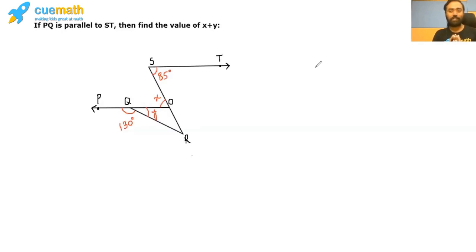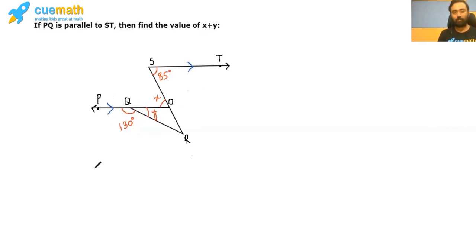So in this question, we have been given a condition that the lines PQ and ST are parallel to each other, and we have to find the sum of X and Y. So if we look at the diagram, based on the position of these two angles, we see that PO is a straight line and these are two angles on a straight line.